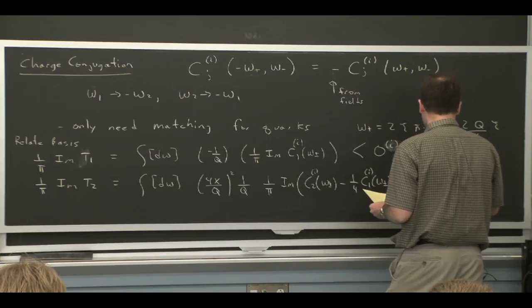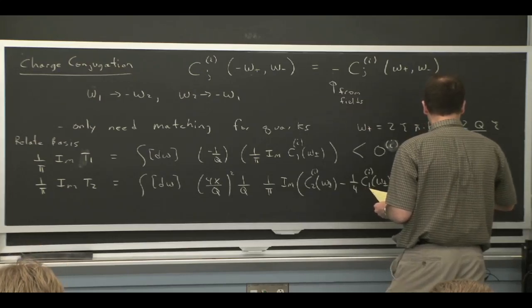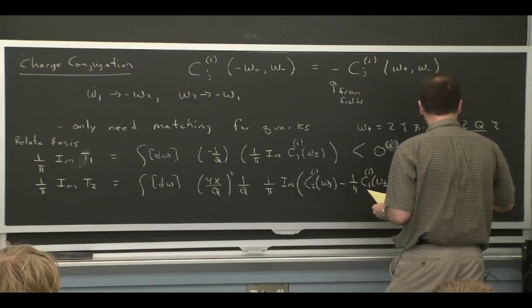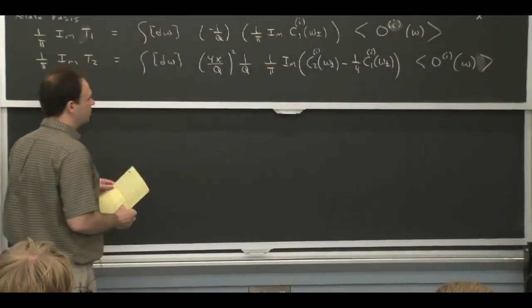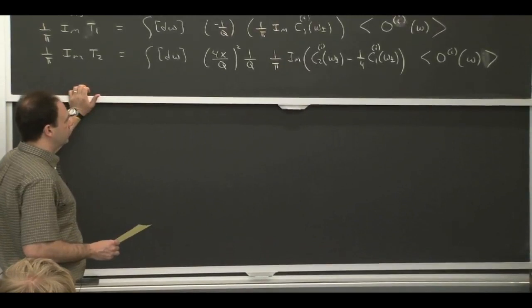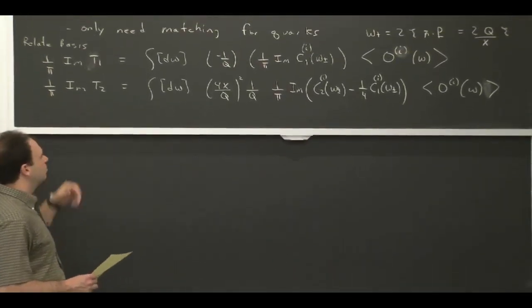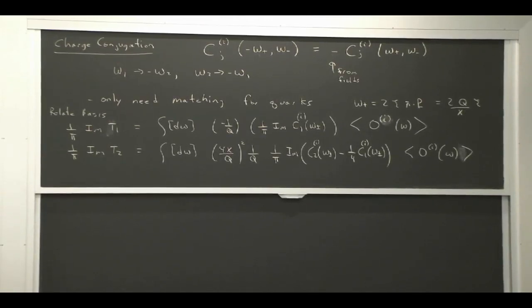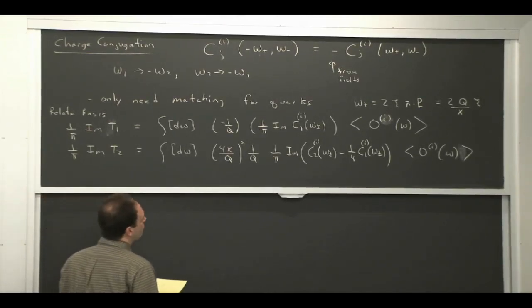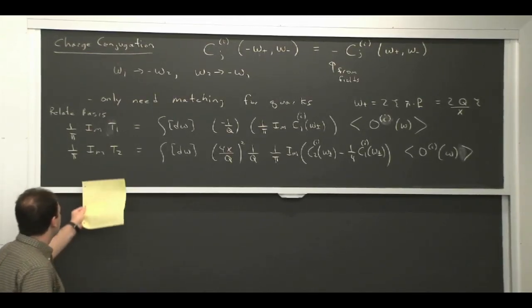Okay, but these two guys have the same matrix elements of the same operator, and all this tensor stuff is just saying that there are two different Wilson coefficients that you have to compute. And that's because you have these vector currents from the photons. OK, so this is what we're after.